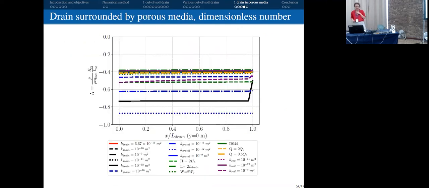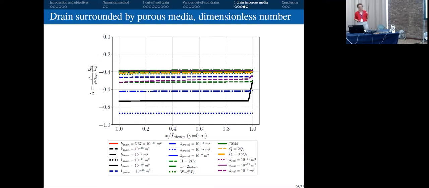So if we vary various parameters in the system, so we vary the permeability for the drain, permeability for the gravel, permeability for the soils, and size of the systems, we find that most of the curves give us the same lambda, so lambda around 0.4.